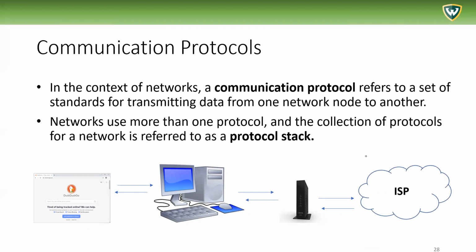So the protocol is the standard or the manner in which information is being transferred. And we're going to talk about it. There are different layers, both, once again, at the software level, which is more like the logical level, and also the hardware level, which is on the physics of the technology itself.